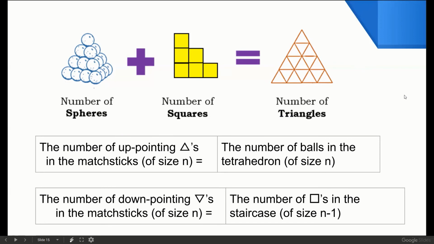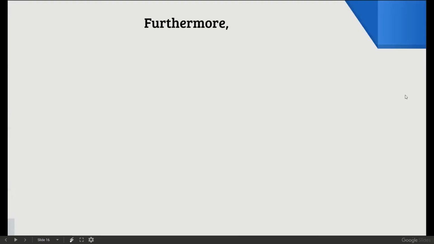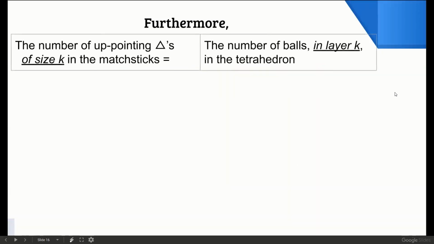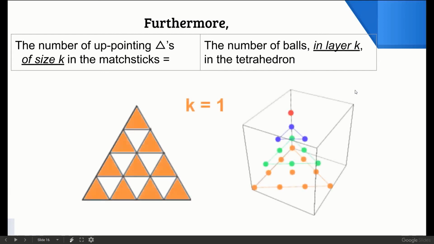But we can say more, looking down at the individual triangles themselves. The number of up-pointing triangles of size k in the matchsticks is equal to the number of balls in layer k in the tetrahedron. So consider this diagram that's a tetrahedron, and consider this matchstick figure.